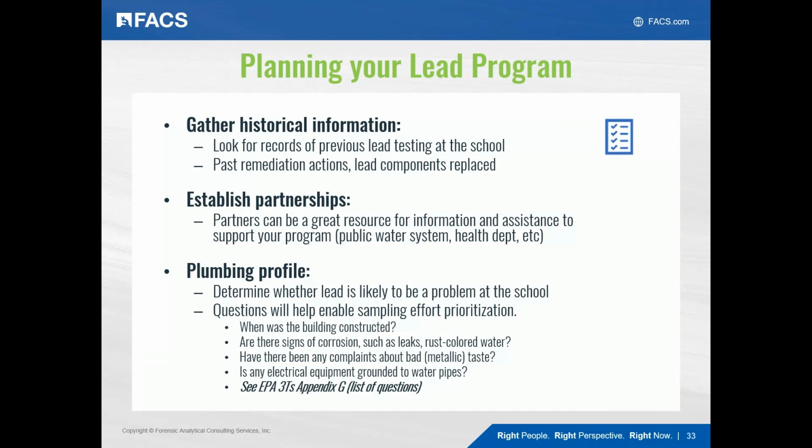For example, when was the building constructed? You're generally going to want to prioritize the older buildings. Are there signs of corrosion, such as leaks or rust-colored water? Have there been any complaints about a metallic or bad taste of the water?